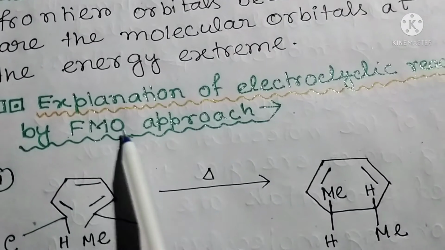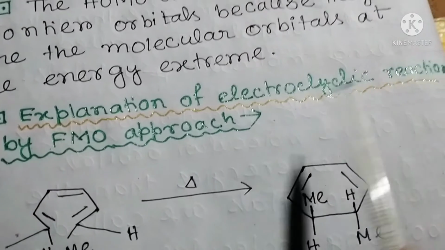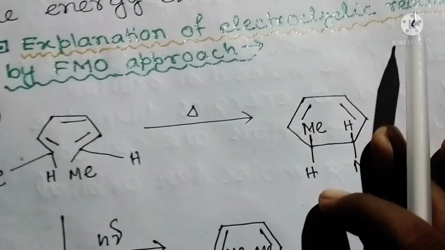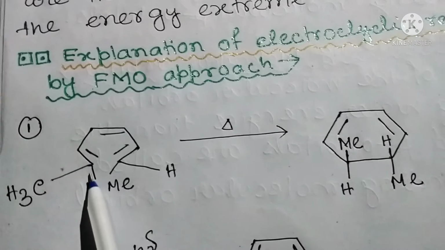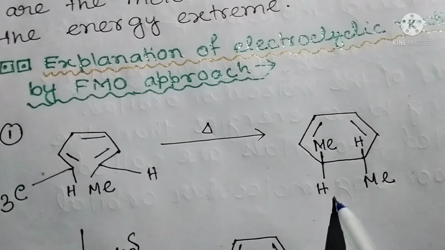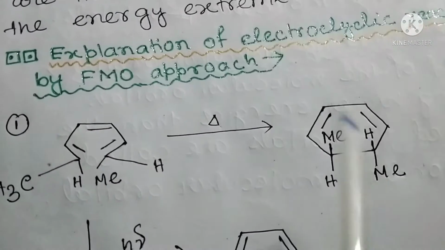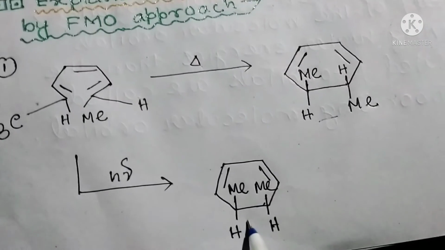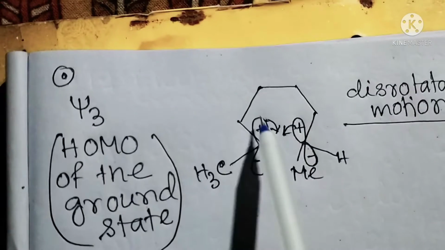Now we shall study the explanation of electrocyclic reactions by FMO approach. Here we take this compound. In the presence of heat, we get this trans isomer, and in the presence of h nu, we get this cis isomer. Here we take this compound.